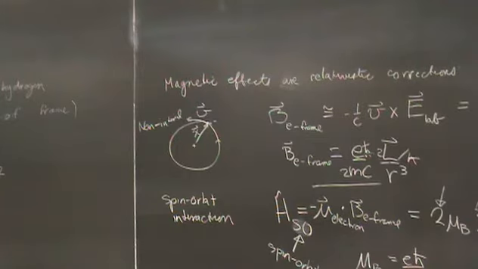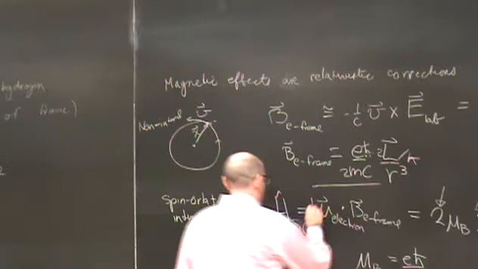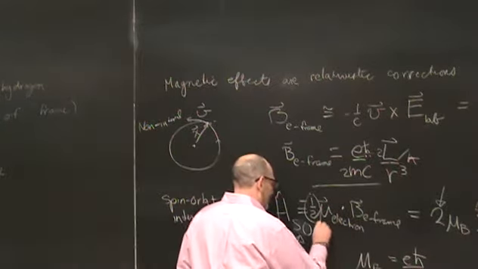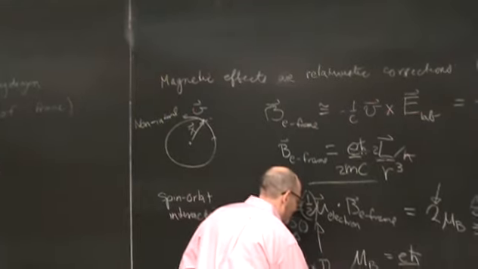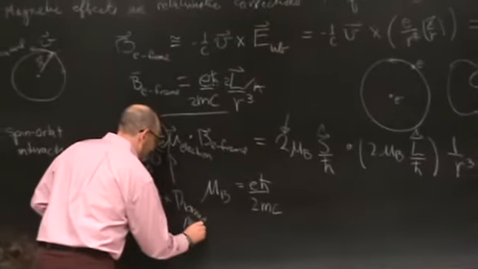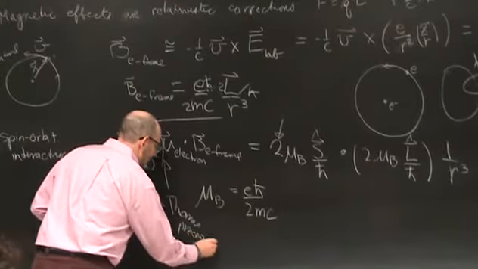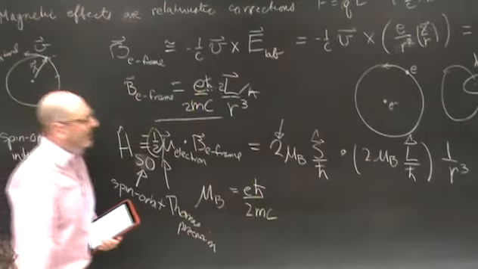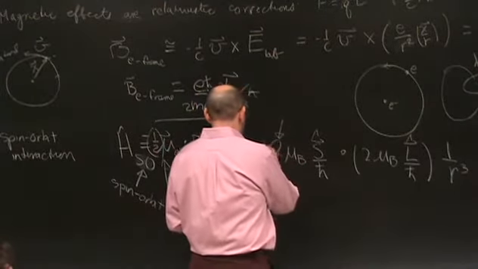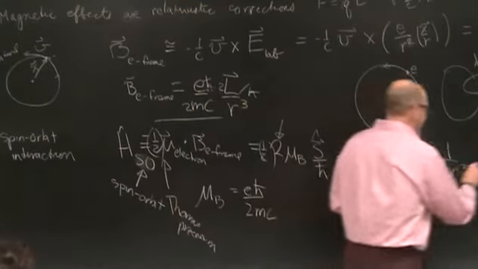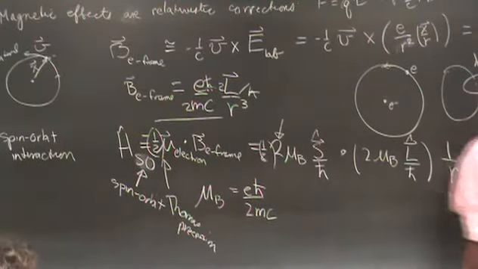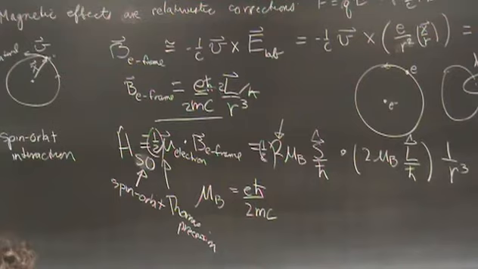is that there is a correction. There's a correction factor here of a half, which is known as Thomas precession. And so really, there's a half here, there's a 2 there, and there's a 2 there.